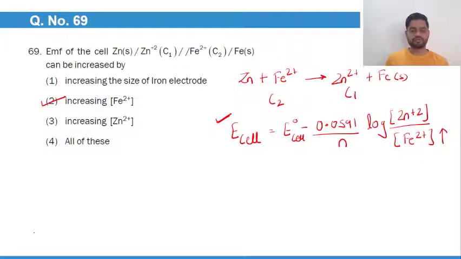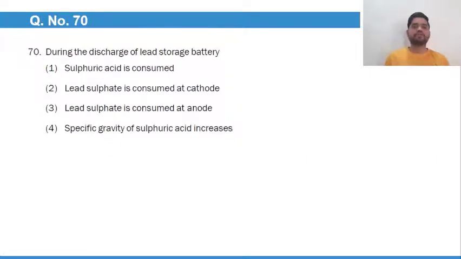Clear? So next, during the discharge of lead storage battery, sulfuric acid is consumed. Lead sulfate is consumed at cathode, lead sulfate is consumed at anode. Specific gravity of sulfuric acid is increased. See, during the discharge, what happens is lead combines with lead oxide in the presence of H2SO4 to give you lead sulfate.